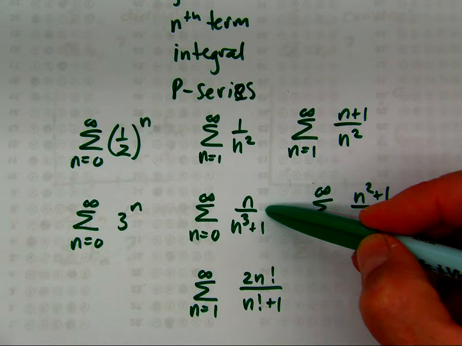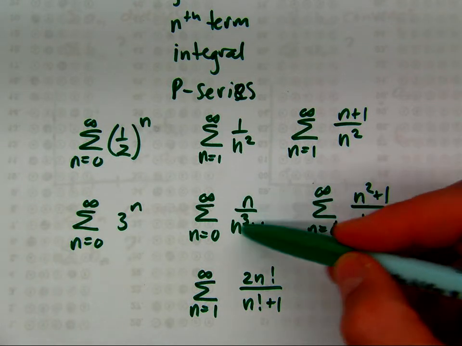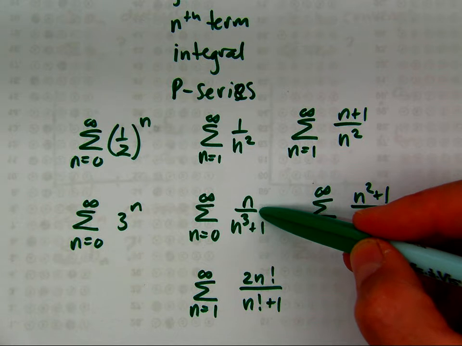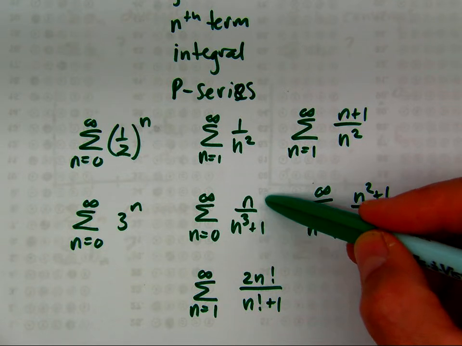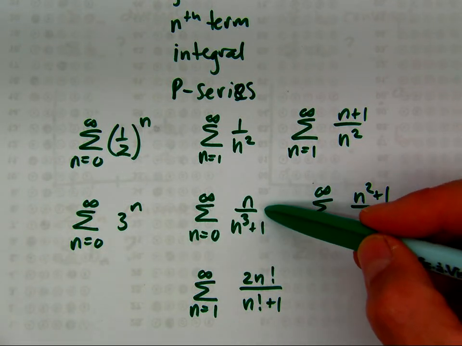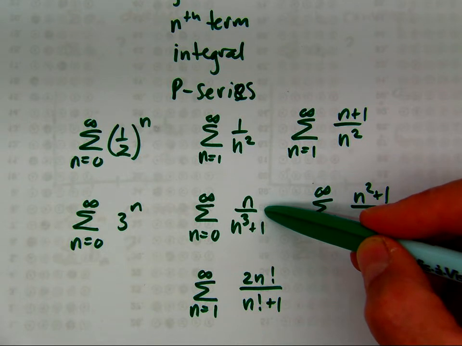Here it's not geometric. The sequence goes to 0, so we can't use the nth term test, and with what we know, we can't do the integral test, and it's not a p-series. So here is a series that we would need to use the new test that we're learning today.